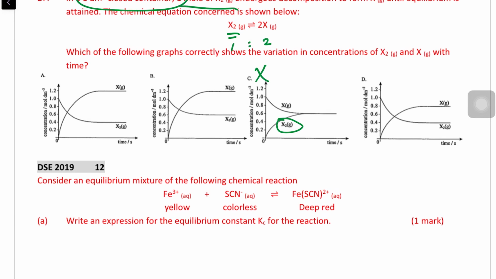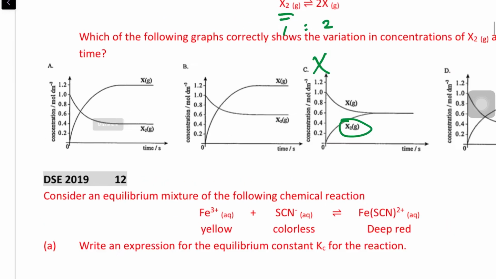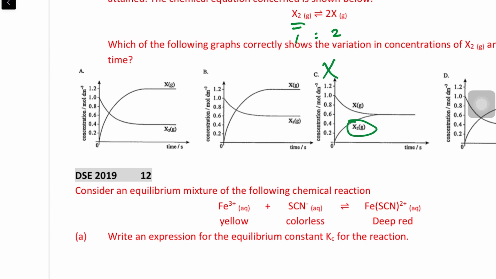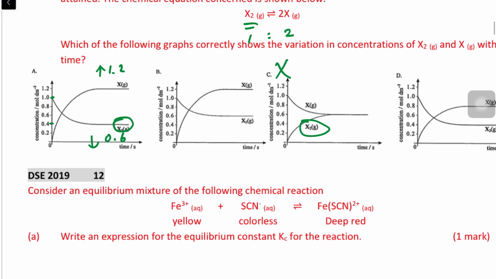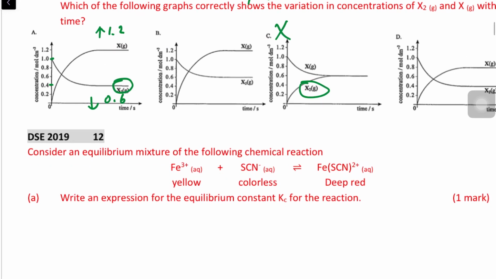Take A as an example. From starting to the ending, for X2 we drop 0.6, then the X amount should increase double, 1.2. Looks nice, right? But for this one, starting with 1, ending with 0.6, so drop 0.4.